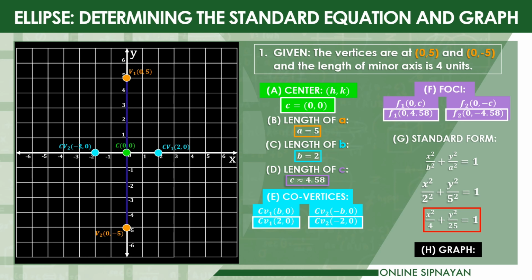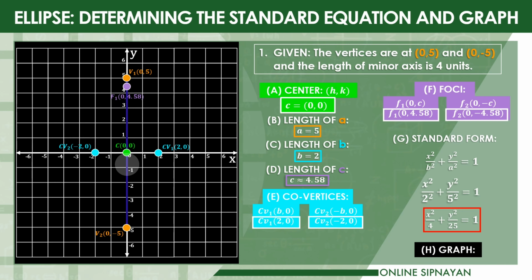As you can see, the color of the length of c is the same as our foci. It is because the length of c will determine the distance of the foci away from the center. Since c is approximately equal to 4.58 units, if you count 4.58 units going up, we'll get to the point of focus 1, which is at (0, 4.58).